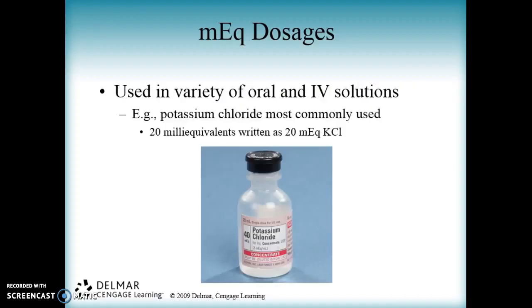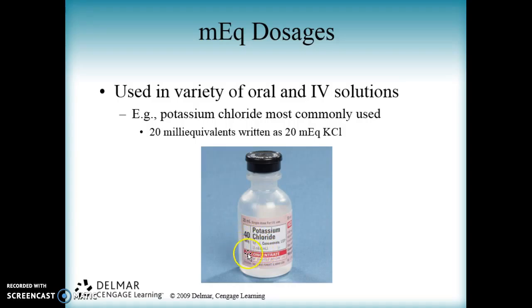Potassium chloride is one of the most common that uses milliequivalents, and as you can see on this label, it's a little small, but right here in the center, in this area, it says 40 milliequivalents. And then it also tells you that there's 20 mils in this vial. So right down here in the small space, they reduce that for you as well.